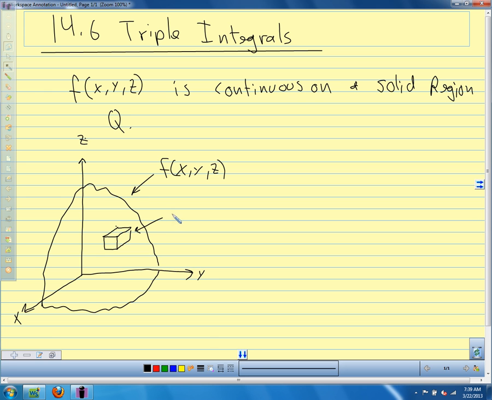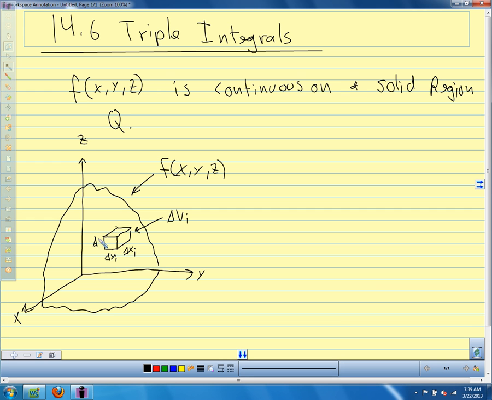And we're going to call the volume of that delta v sub i. And the sides of our rectangular prism are going to be delta y sub i, delta x sub i, and delta z sub i. So we have this tiny little rectangular prism.